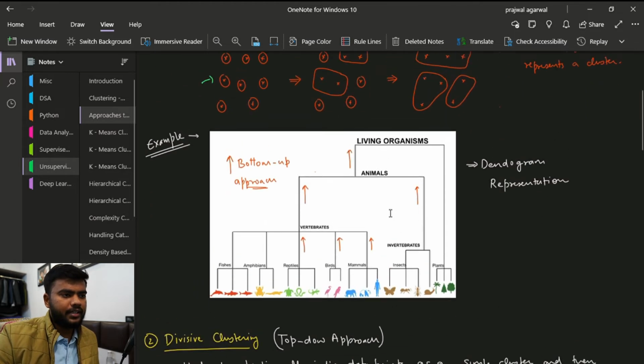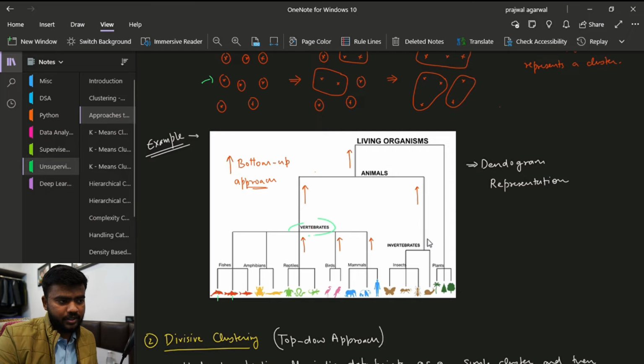If we are talking about a diagram, then we have fishes. Now these are dolphins, then we have all different types of fishes. These fishes are obviously very different from each other, but when we compare them to amphibians and reptiles, they are very similar to each other. Similarly, we have vertebrates.